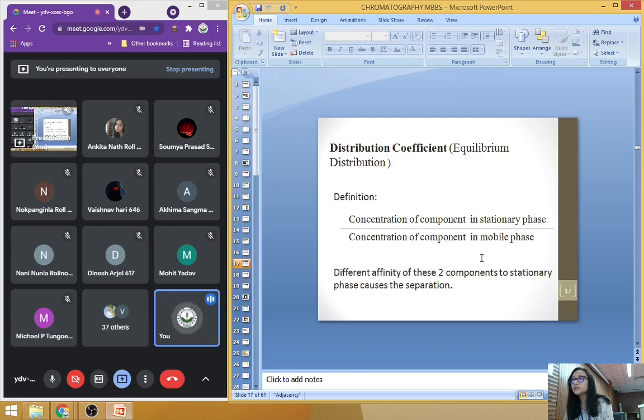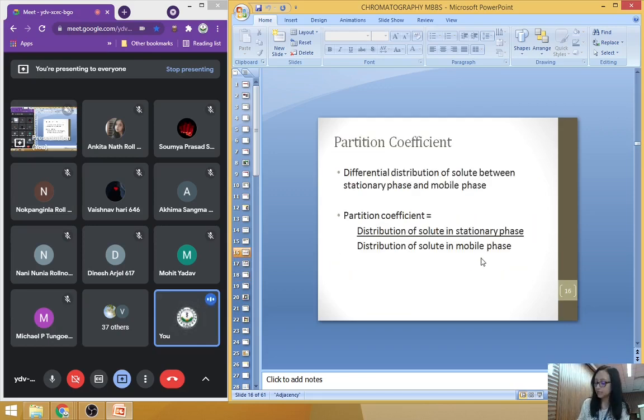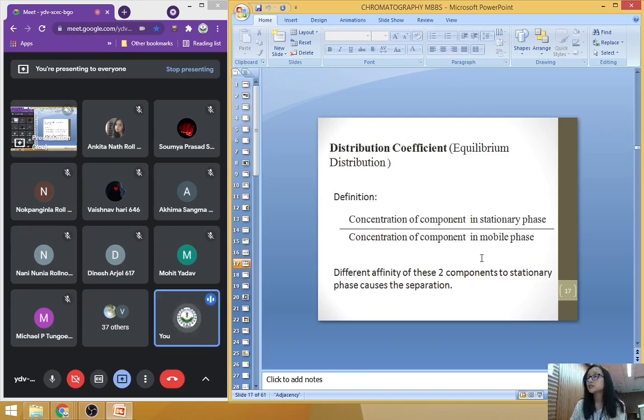The only difference between the two is that the distribution coefficient is mainly for ionized molecules, whereas the partition coefficient can be of any, ionized and unionized also.